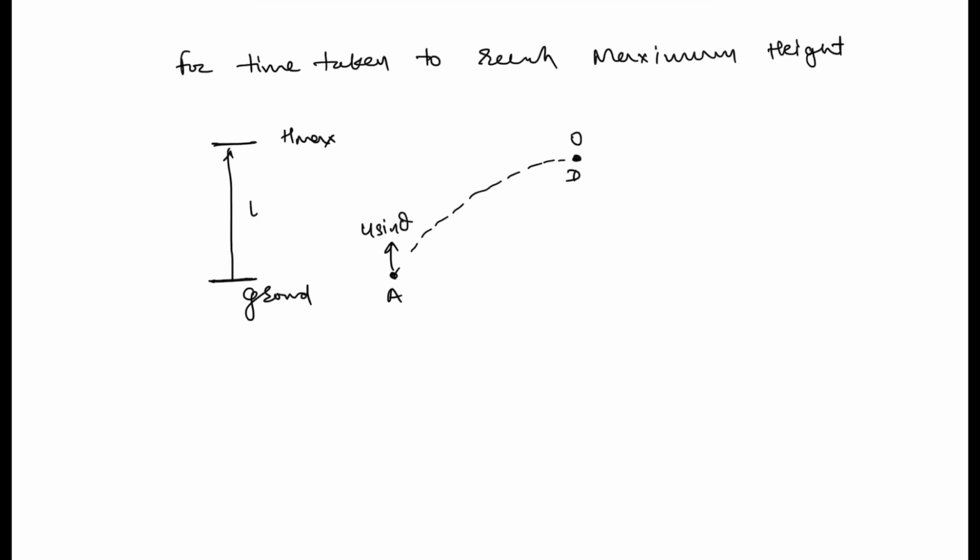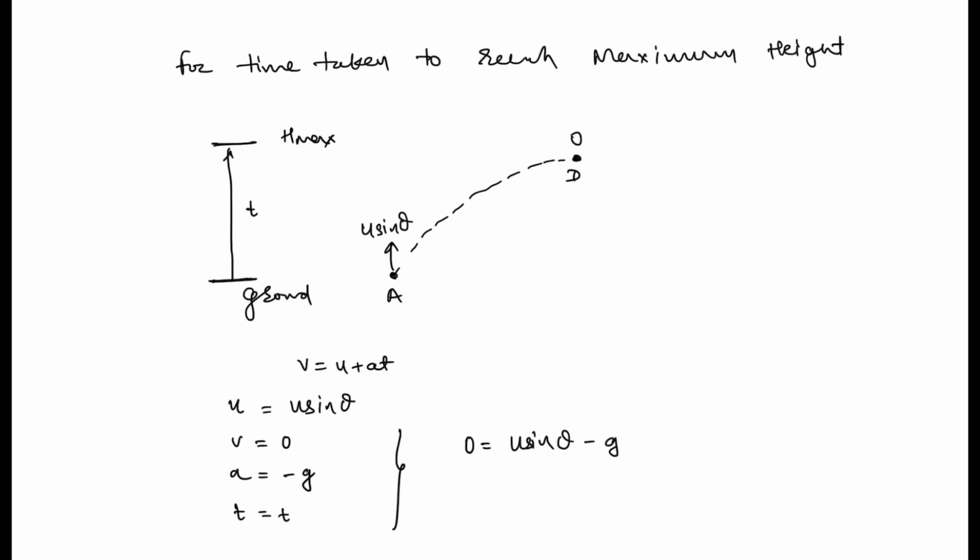Suppose the time taken is t. If we apply the equation of motion, v is equal to u plus at, the initial velocity u will be u sin theta, v will be 0, acceleration will be negative g, and time will be t. So 0 is equal to u sin theta minus gt. So t will be u sin theta divided by g.